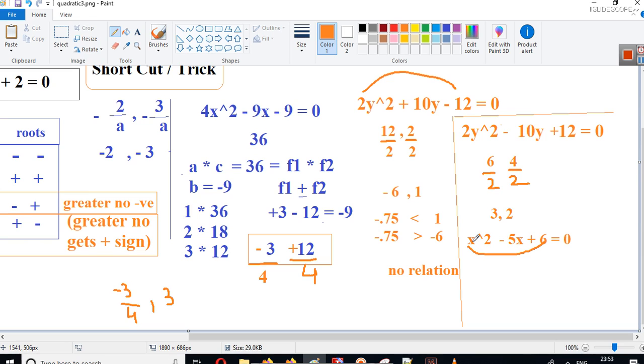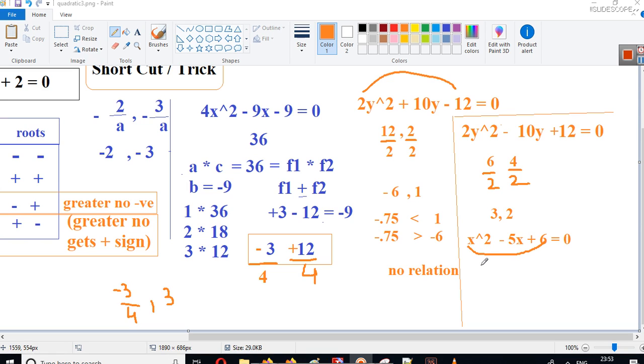So multiply c with a, you will get 6. Now again minus 1 and minus 6 cannot make this. But minus 3 and minus 2 can do this.